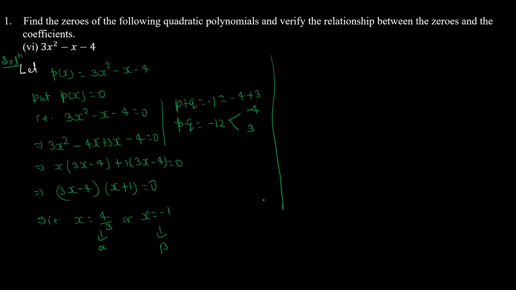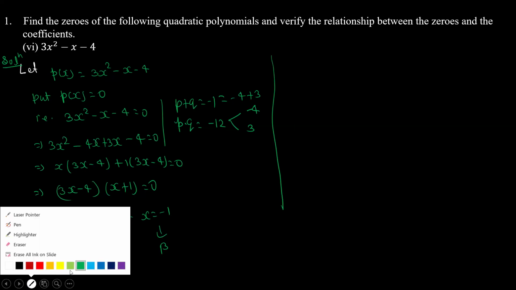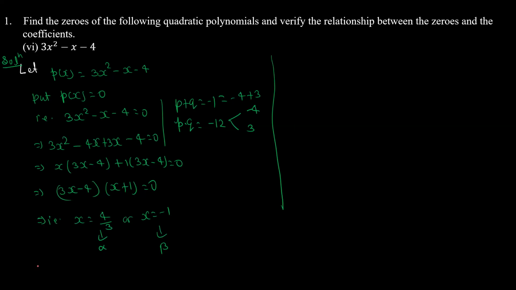Next, what we have to show in terms of coefficient, we have to show that it is going to be same. So पहले हम लोग क्या कंसिडर करते हैं, sum of zeros. So that is the alpha plus beta in terms coefficient minus b by a. So finally alpha plus beta, so 4 upon 3 and minus 1.